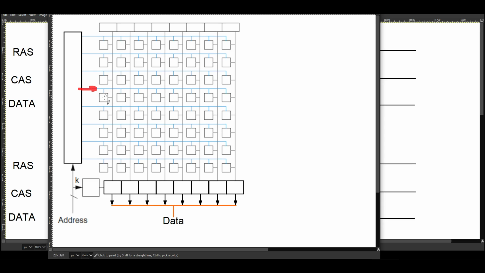And so all of these cells, the charge that's in the capacitor in the cell will then get shared onto the bit line. And the bit line will then take that charge down to a sense amplifier. Because initially the bit lines are pre-charged to half of the operating voltage, depending on whether there's a 1 or a 0 in the DRAM cell, it's going to raise or lower the voltage in the bit line.